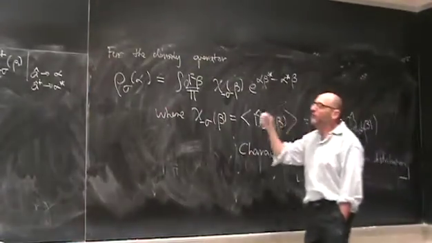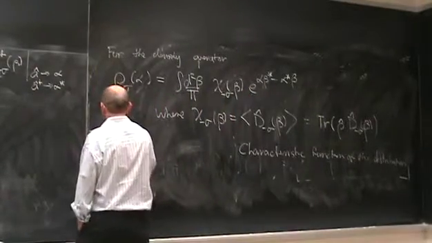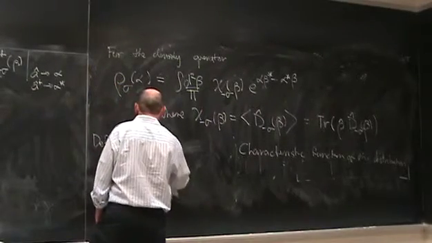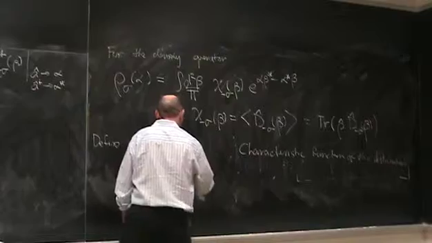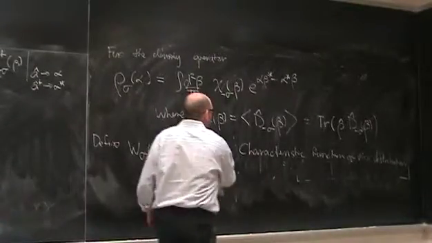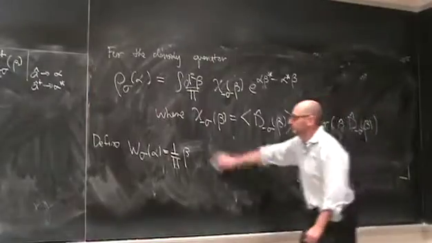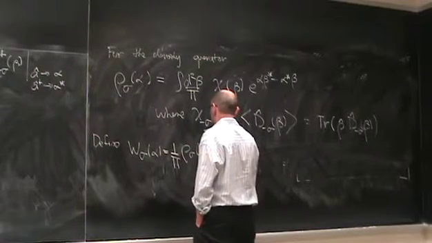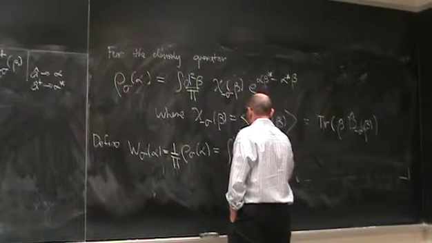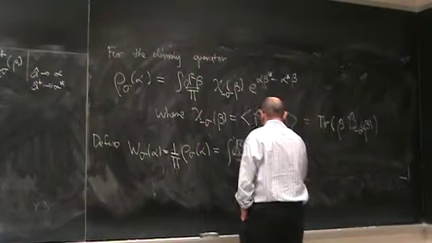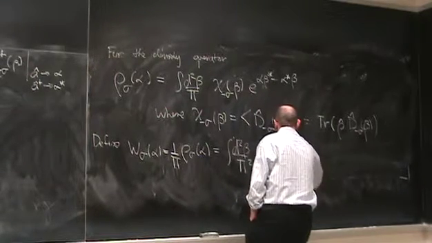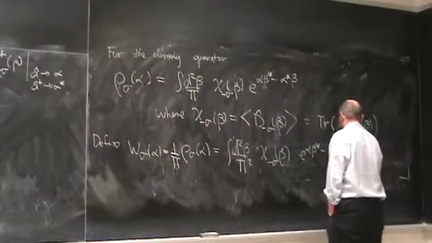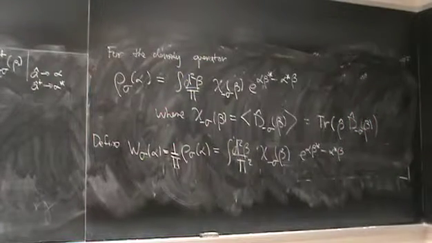Now, for normalization, we typically define the distribution function W sub sigma as 1 over pi times this, which is then 1 over pi squared, the characteristic function e to the alpha beta star minus alpha star beta.